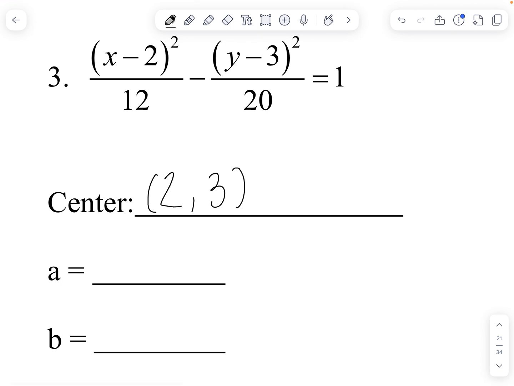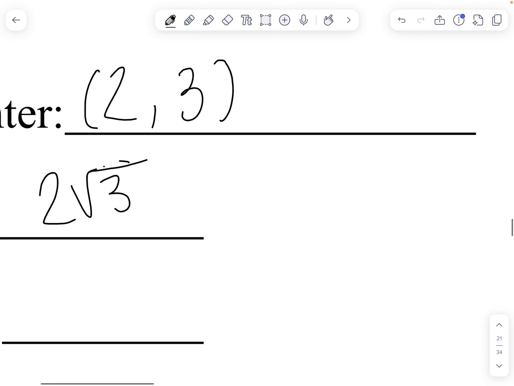Now we do the square root of 12, which is 2 root 3, and 2 root 3 in decimal form is 3.46.